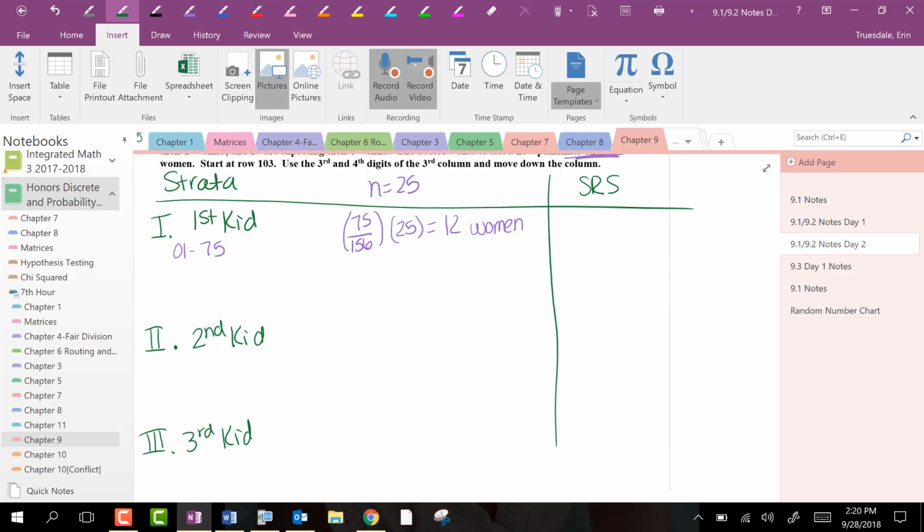So is that 23? Put your finger there and move down the column. Does 23 fall between 1 and 75? Yes. So you would label these women that are on their first child 1 through 75, and you're going to take the person who you labeled 23, then move down.